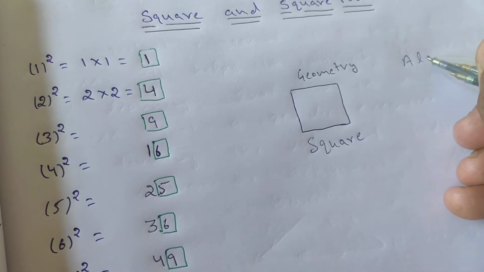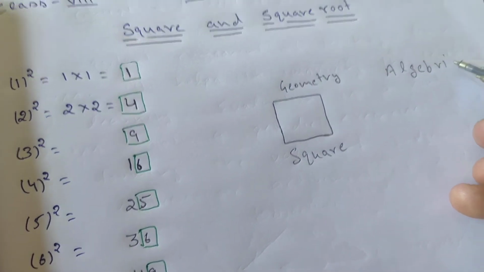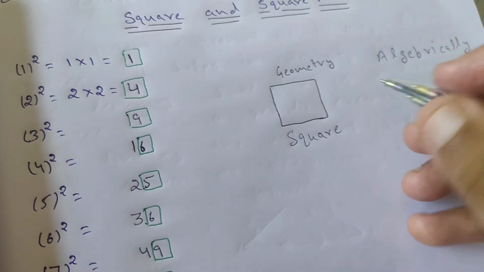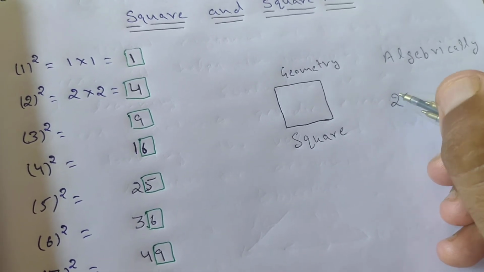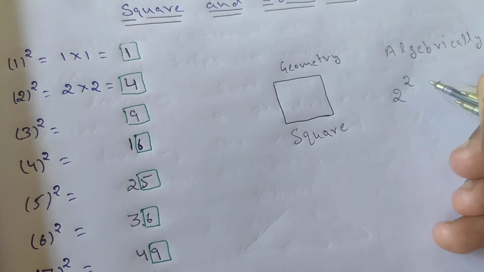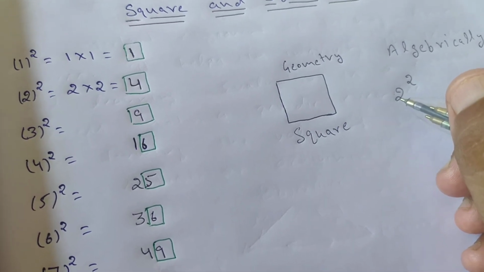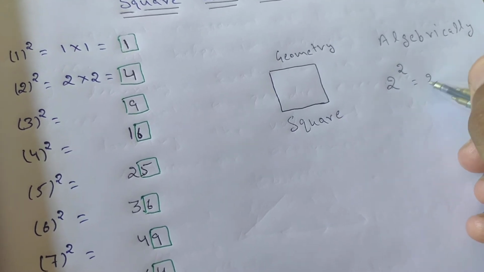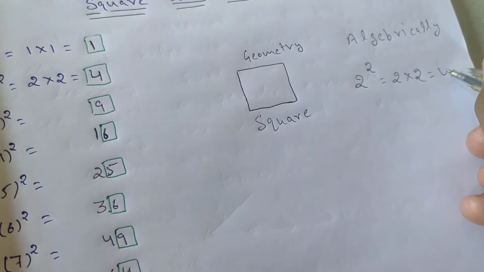What is an algebraic square? Algebraically, square means simply, if we want to find 2 raised to the power 2, it is called 2 square. That means 2 multiply 2, which is 4.